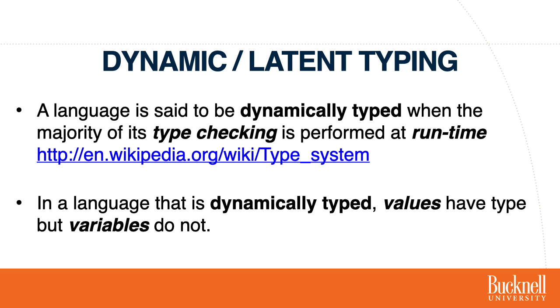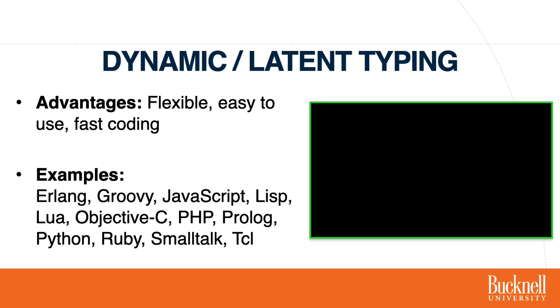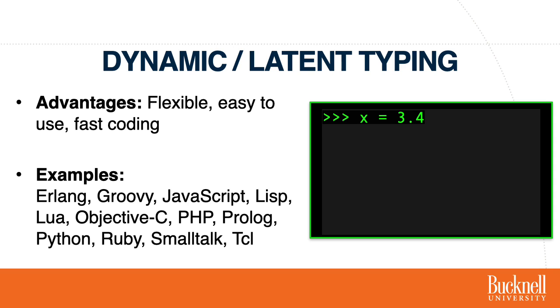Dynamic, or also known as latently typed languages, they do the majority of their type checking at runtime. In a language that is dynamically typed, variables do not have a type really, but values do. For example, in Python, we can create a variable called x and put into it the floating point number 3.14.